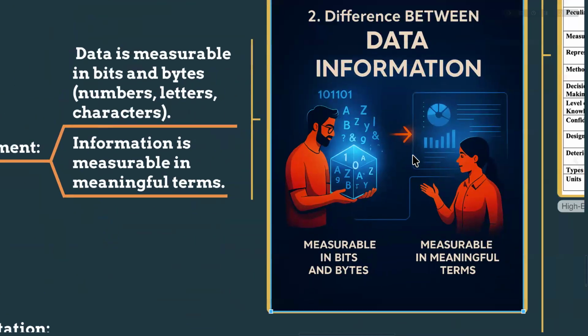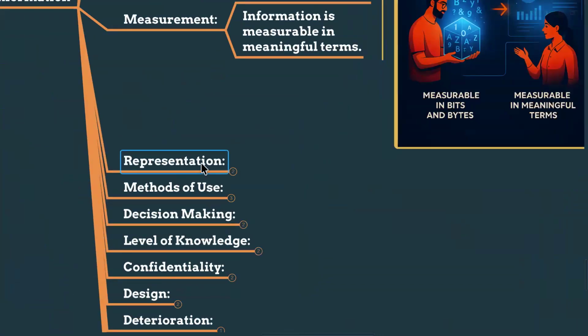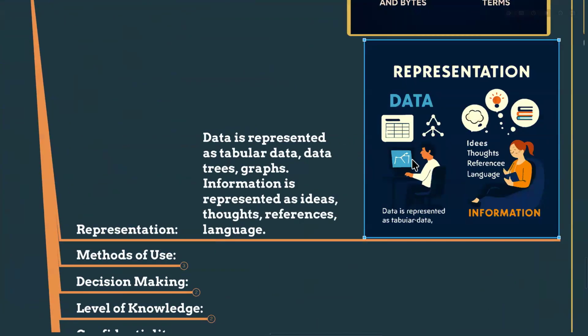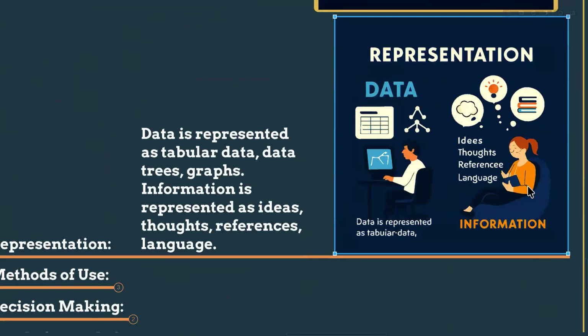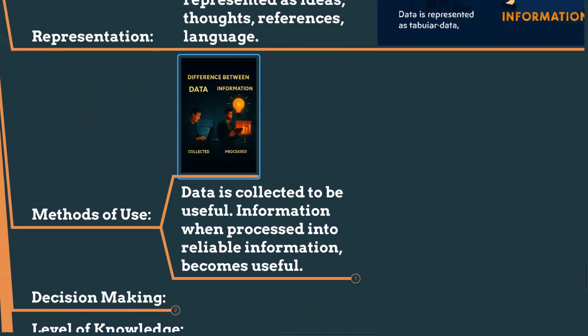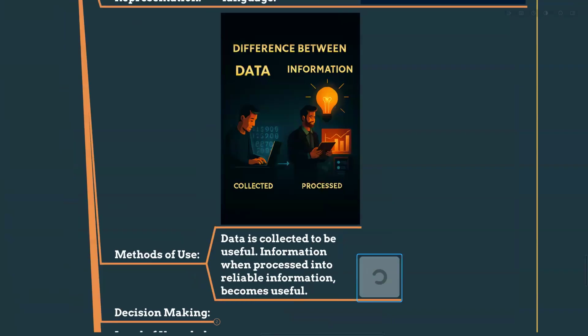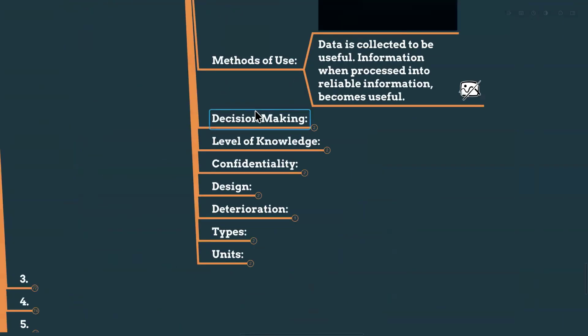Data is measurable in bits and bytes, but information is measurable in meaningful terms. Data is presented in a tabular format, but information is about ideas, thoughts, and reference language. And methods of use: it's collected as data, but we have to process it, right? So these are the methods of use, as I explained.